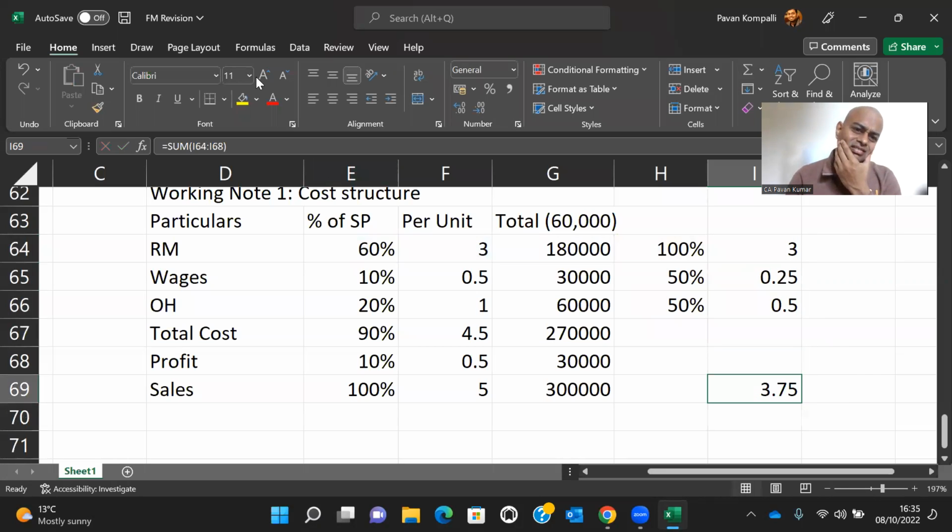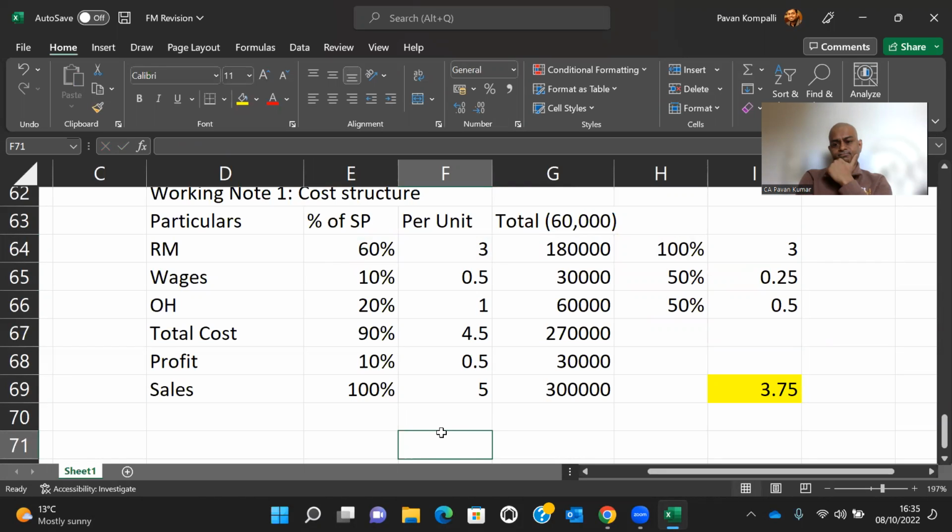What is this? 3.75. For what am I going to use this 3.75?